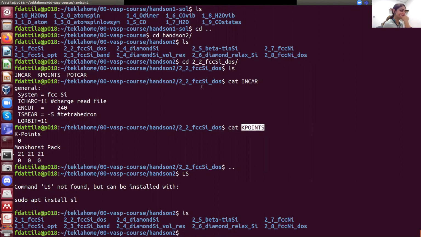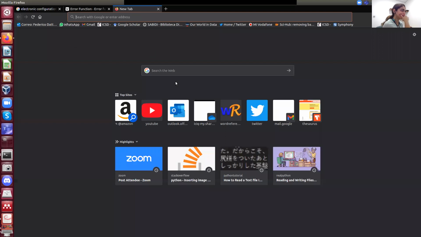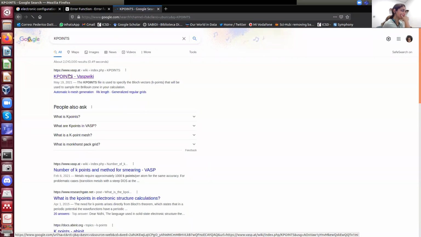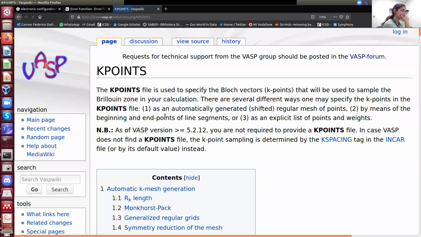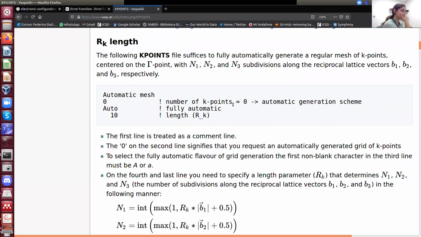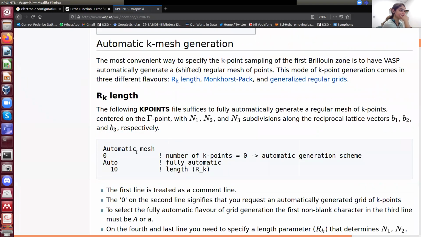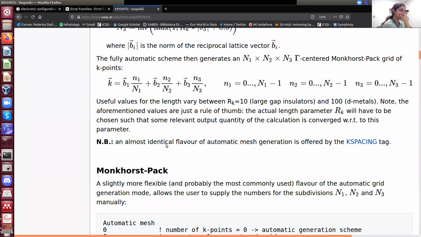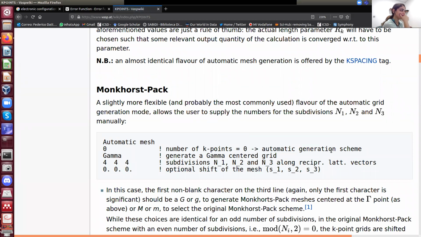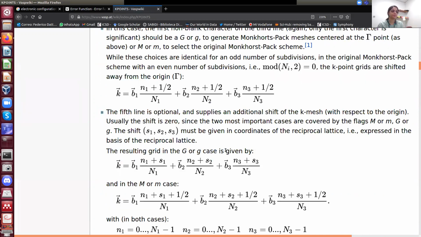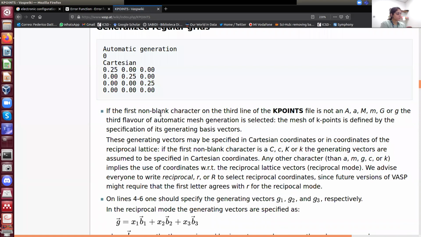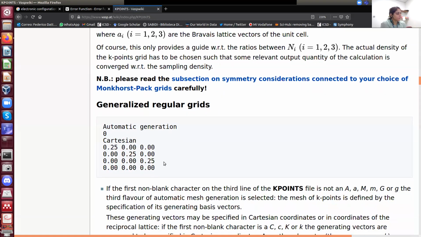It's a parameter 0, 1 that tells you it's going to generate the k-point mesh automatically. So I guess it means that you are not generating it by yourself.